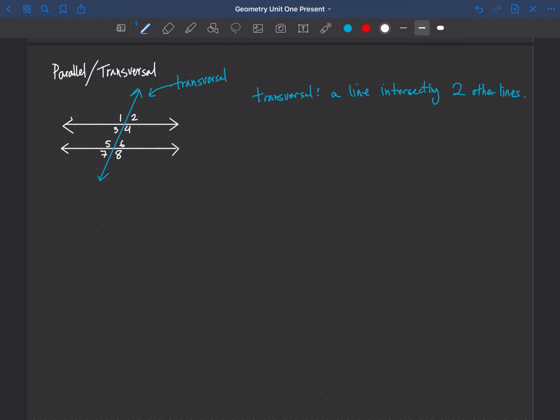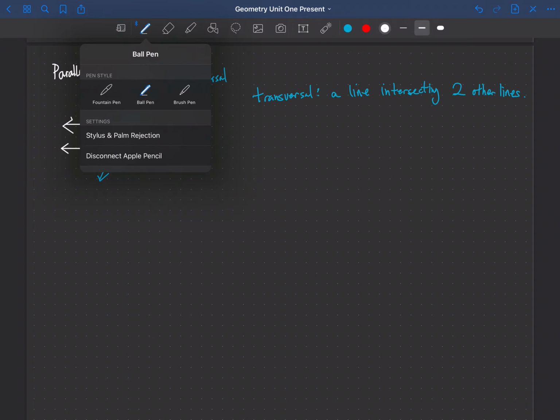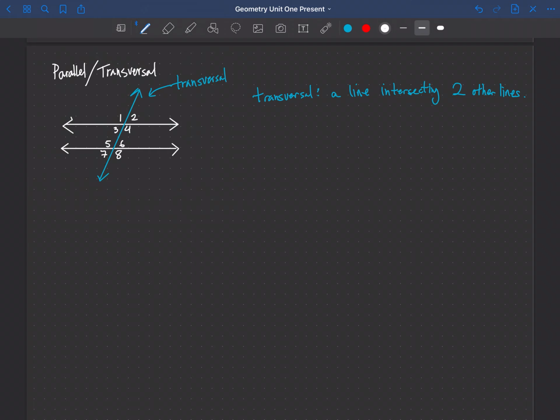Now each of these angle pairs are either going to be congruent or supplementary. So each angle pair, specifically using parallel lines and transversals, are either going to be congruent or supplementary.